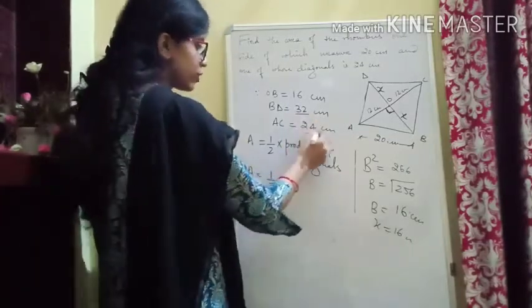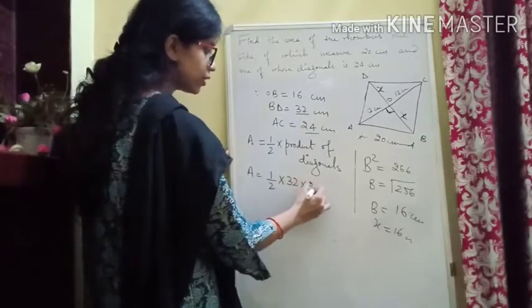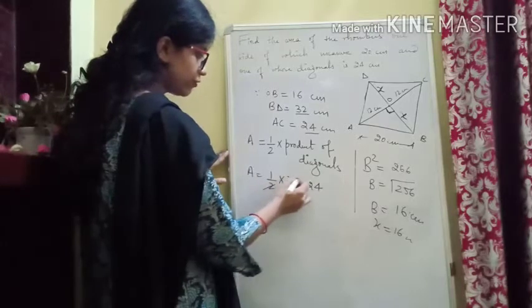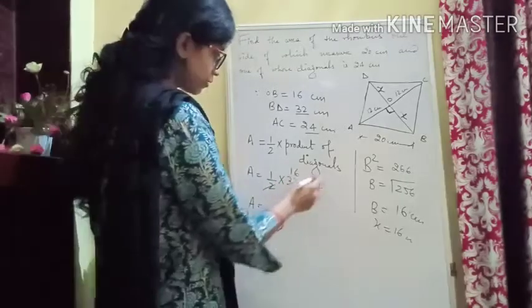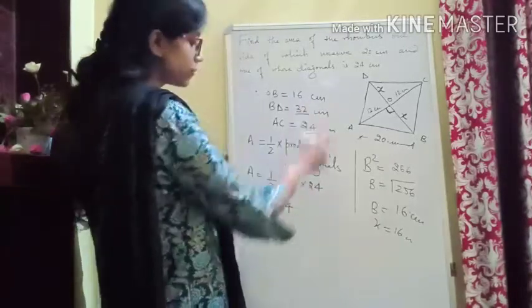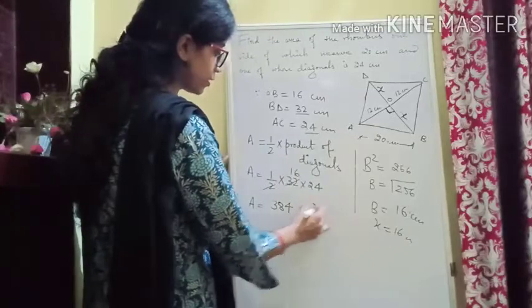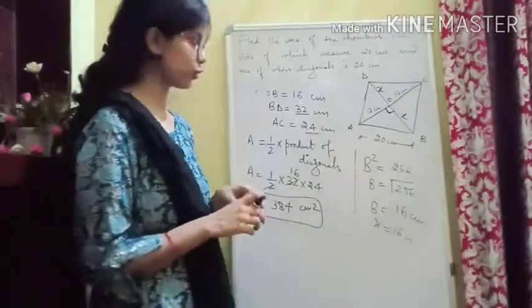This 32 and 24. Product means multiplication, so one diagonal into the other diagonal. When you simplify, half of 32 gives you 16. So area is 16 into 24. When you multiply, this will give you 384, and the unit will be centimeter square. So the area of the rhombus is 384 centimeter square.